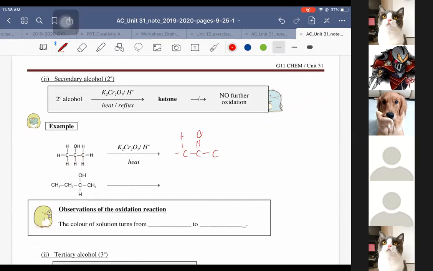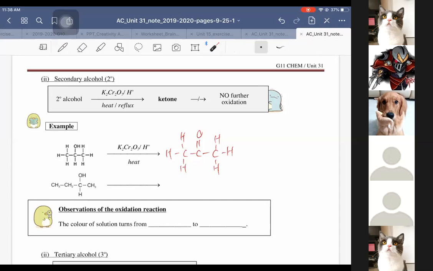Let me finish showing the structure. Okay, so after the reaction, we're going to get propanone, and we are going to stop at ketone.